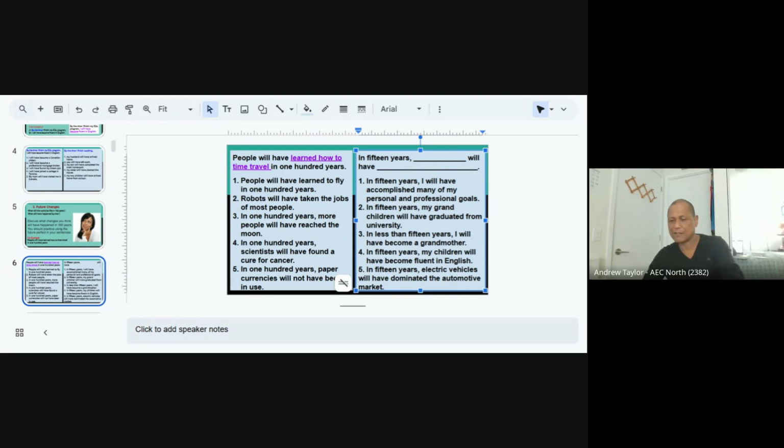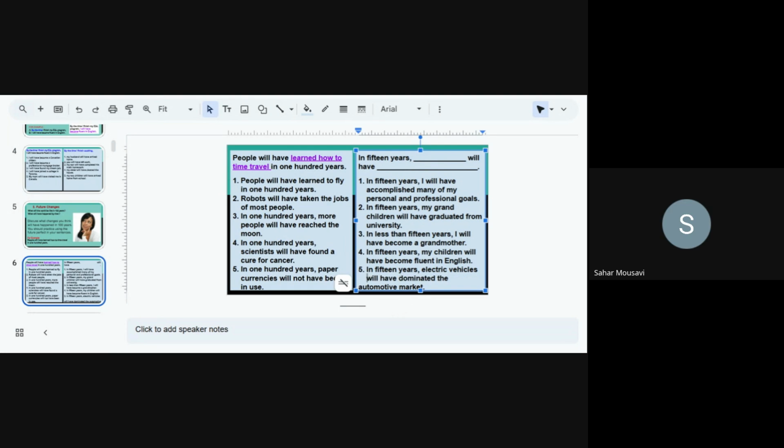Automotive market, right? Means the market for cars. Okay. Sahar, can you please repeat the sentence? Sure. In 15 years, electric vehicles will have dominated the automotive market.